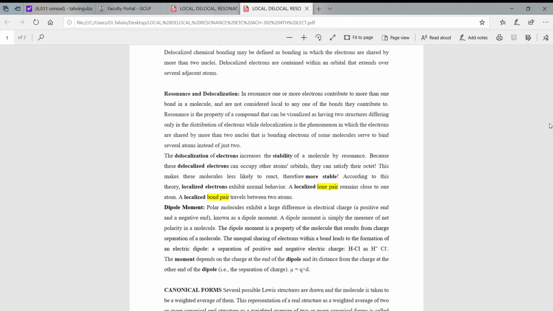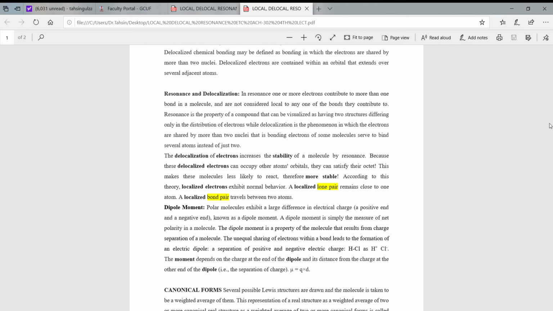Now it is no more a carbonyl group, and when it is observed through different techniques, it is observed that both oxygens have 50% negative charge, and both oxygens have 50% double bond character as well.